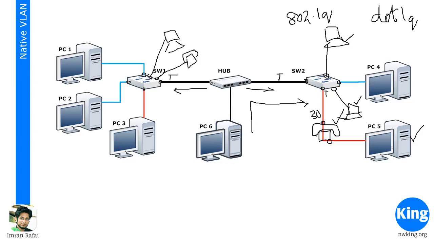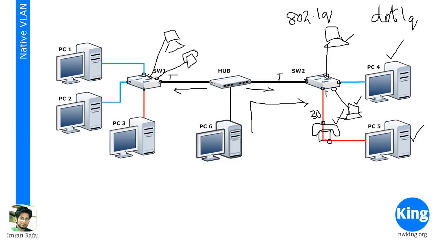Now, what happens to the computer? What if the computer, now the computer in this case, like if you say PC4, this is an access port. An access port says that any traffic coming from here is on VLAN, let's say 10, because it's blue, right? But now PC5 is coming without any tag because this is a trunk. You don't configure any VLANs on a trunk, right? If you remember, we just create switchport mode trunk.